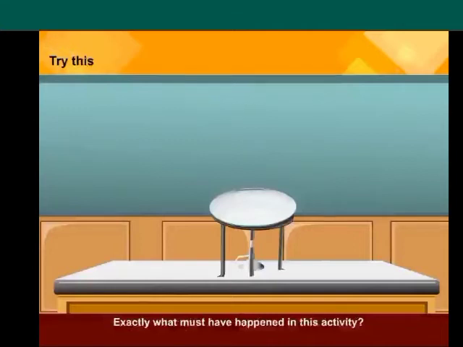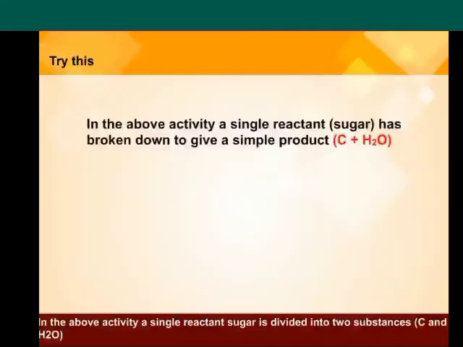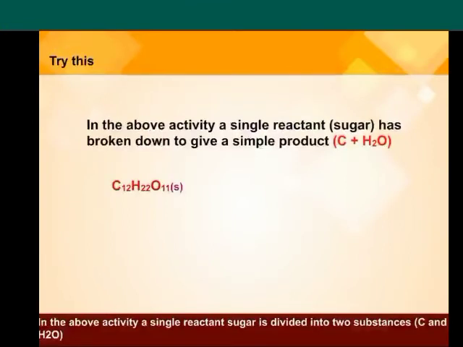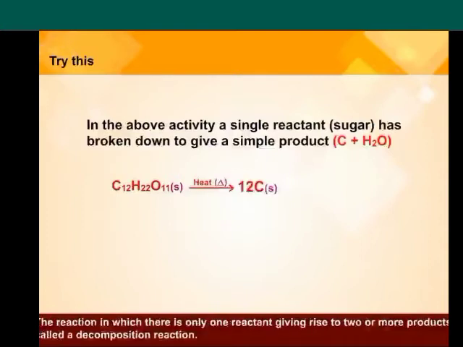Exactly what must have happened in this activity? In the above activity, a single reactant, sugar, is divided into two substances, C and H2O. C12H22O11 (sugar) goes to 12C (carbon) plus 11H2O. The reaction in which there is only one reactant giving rise to two or more products is called a decomposition reaction.